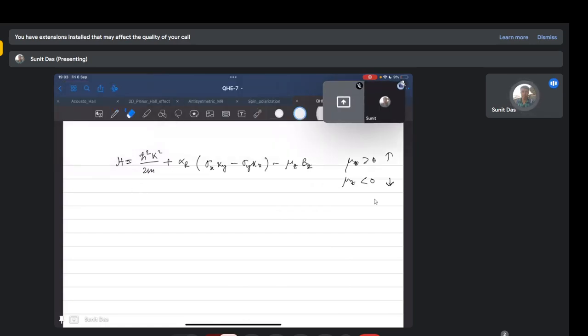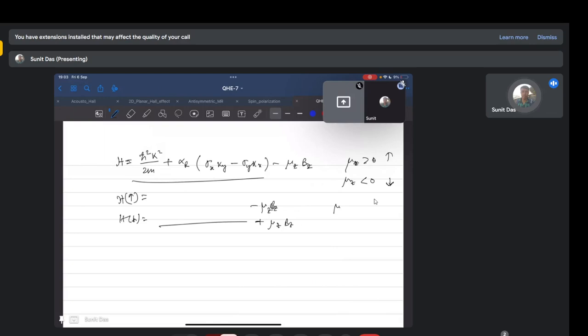So for solving this Hamiltonian, to make it easier, you can just assume that the Hamiltonian for spin up state will be all of these terms and then minus mu z Bz, and the Hamiltonian for spin down state will be again all of these terms plus mu z Bz.